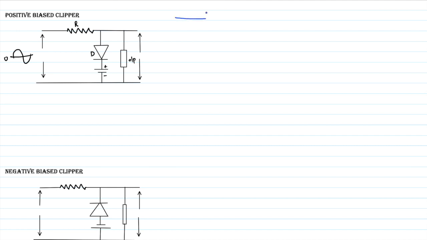Okay, this is very important especially for the biased clipper. First what happens is that first I'll consider 0.